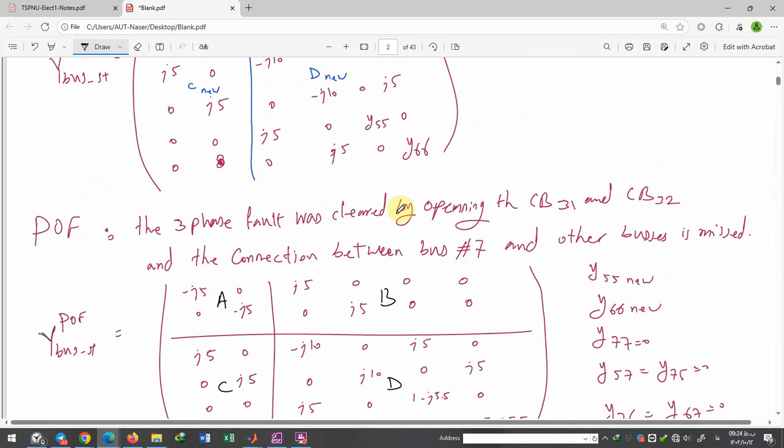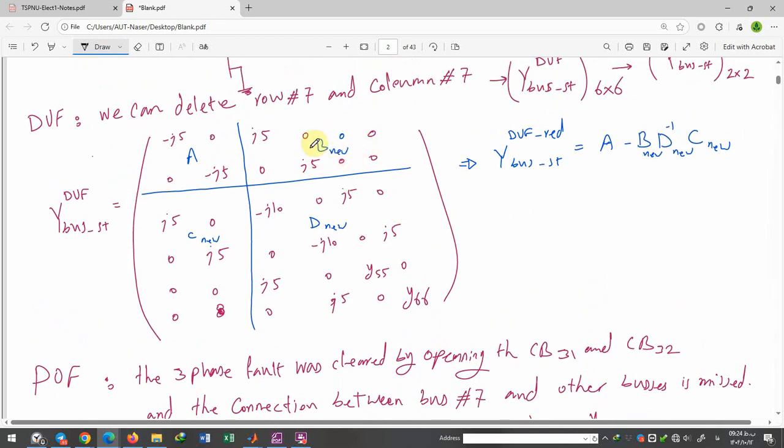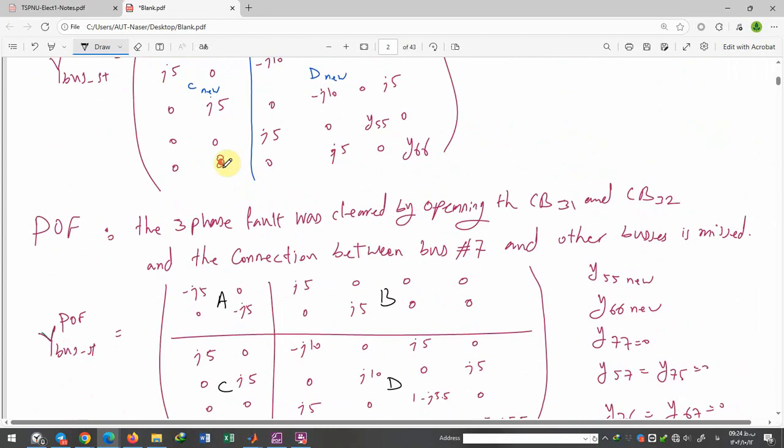B is as B new we calculated in during fault, C also, but D new is changed.